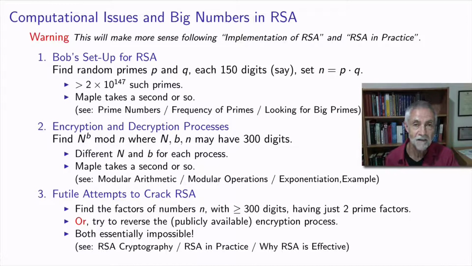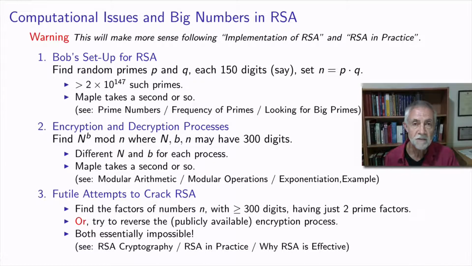To do these calculations, Maple again will just take a second or so, and of course fast computers and programs dedicated to these calculations will be much faster than that even. So if you go to the section modular arithmetic, modular operations, example of exponentiation, you'll see the process that is used to do this.